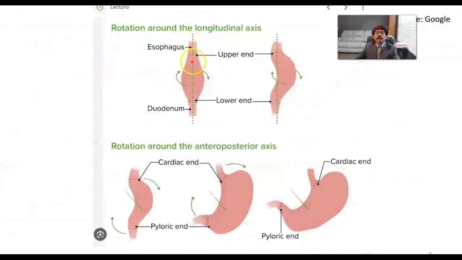If we go to our previous slide, this is the fusiform dilatation of the distal part of the foregut. It is now fusiform. There will be a 90-degree rotation in clockwise fashion. This is the upper end, this is the lower end. There is also anteroposterior axis rotation, which is certainly less than 90 degrees, maybe 30 or 40 degrees.